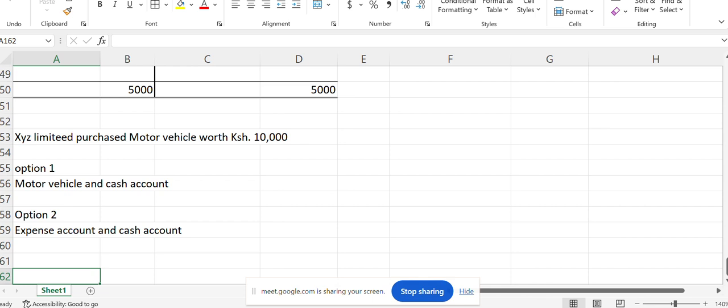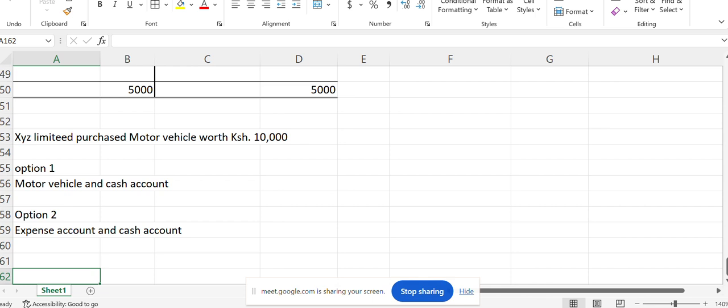When you purchase an item of non-current asset, be it building, motor vehicle, or furniture and fixtures, you do not categorize it as an expense. You categorize it as an asset. So in this transaction, we are going to open two accounts, motor vehicle account and cash account.